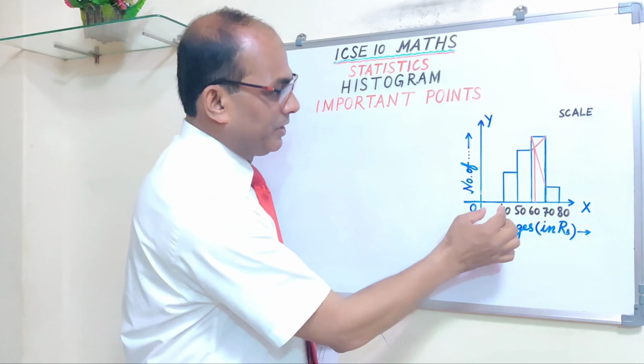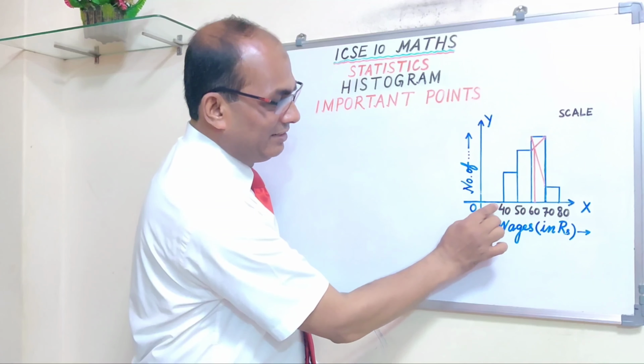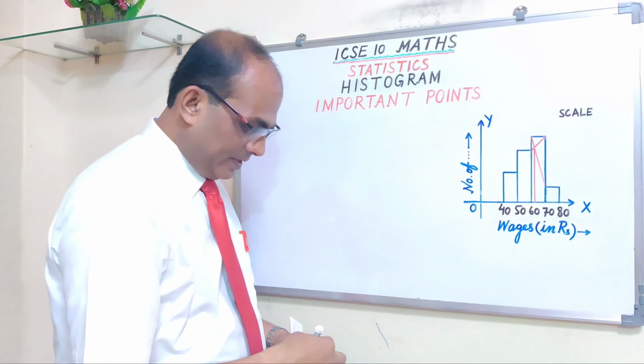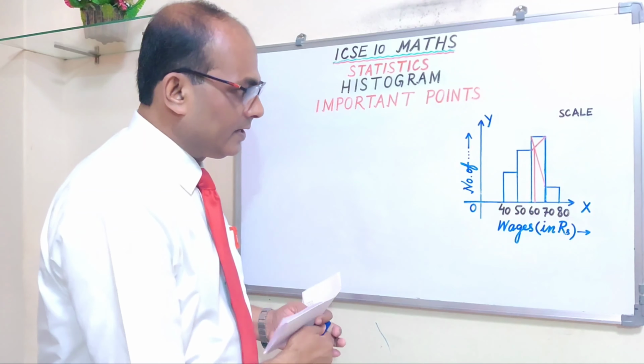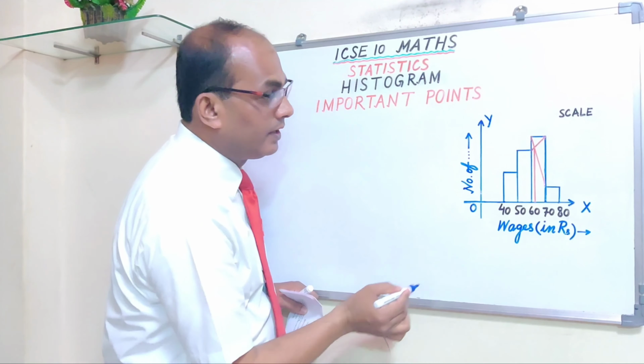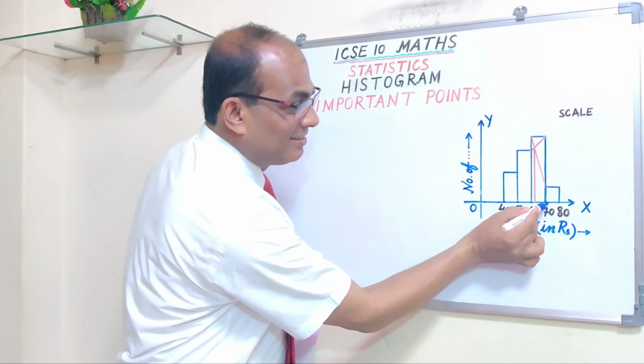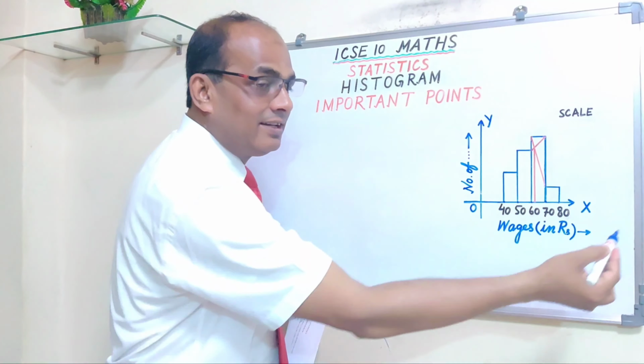What does it mean? See, suppose we have taken the scale 2 centimeters equal to 10. This point is 40. This is 50, 60, 70, 80, 90, 100, like that.